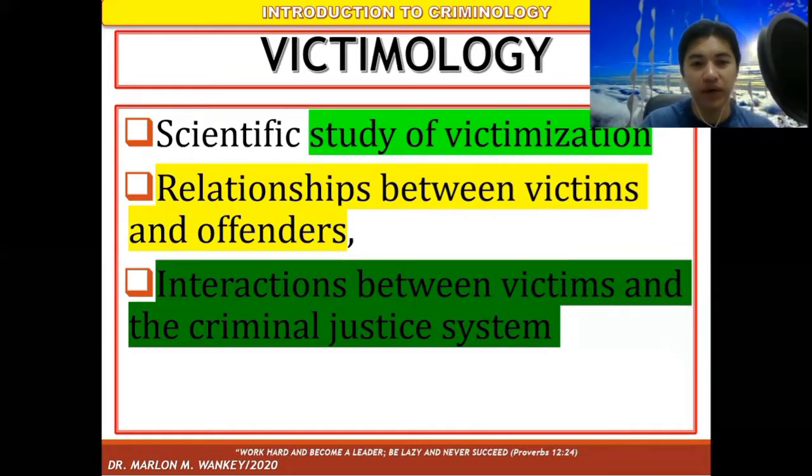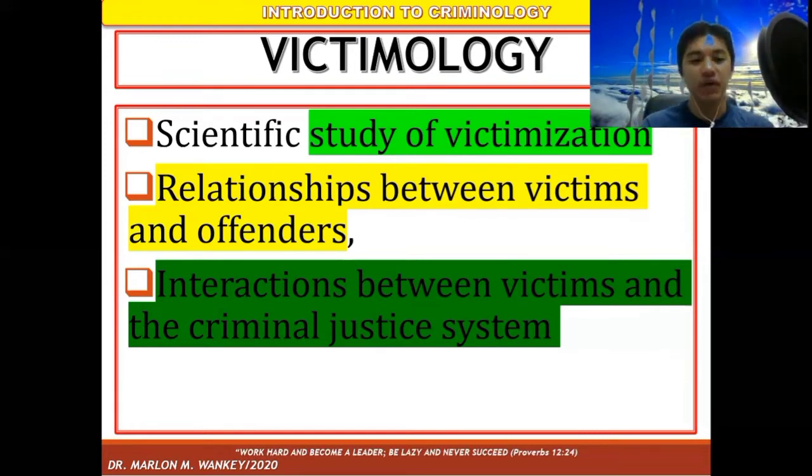Maybe they are a couple, perhaps they are friends, or perhaps because of jealousy, so meaning baka magkaribal sila. That is the relationship between the victim and the offender.